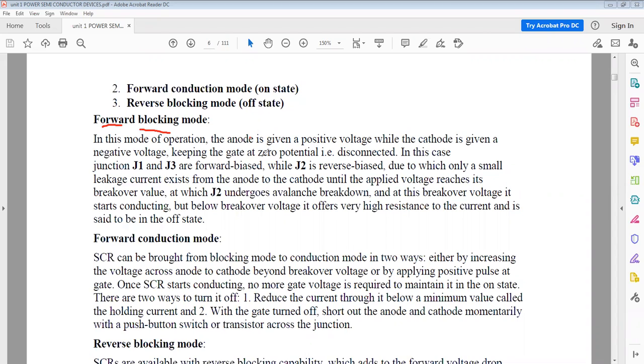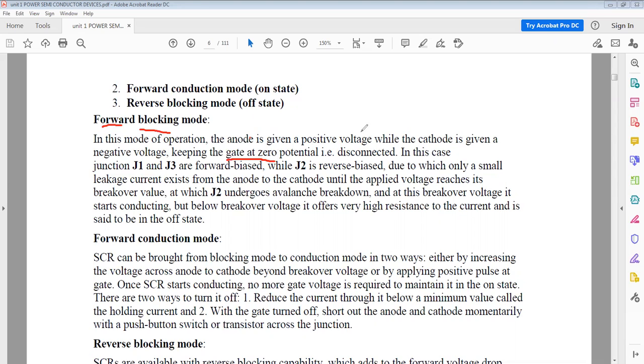When there is no voltage applied to the gate terminal, the device does not turn on.